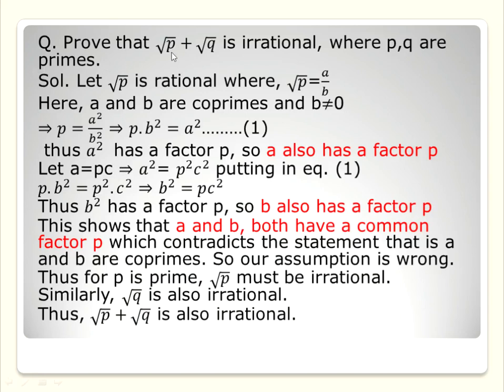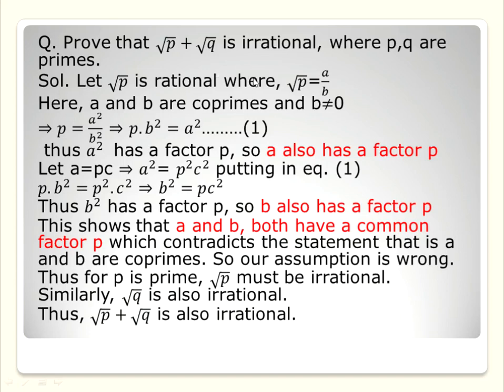Now we have to prove that root p plus root q is irrational, where p and q are primes. First we have to prove that root p is irrational and root q is irrational. The sum of two irrational numbers is irrational.